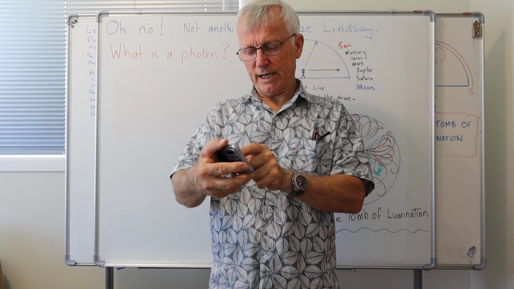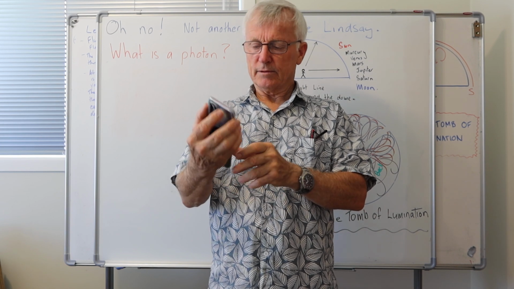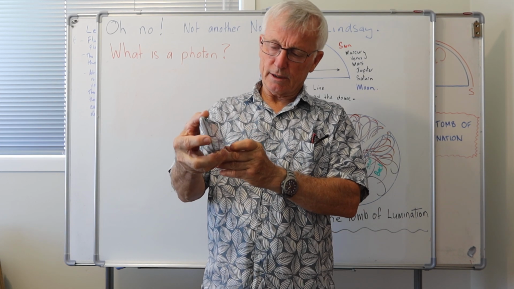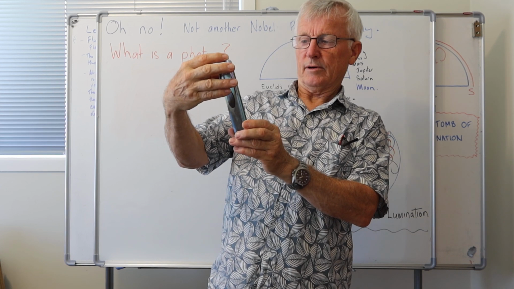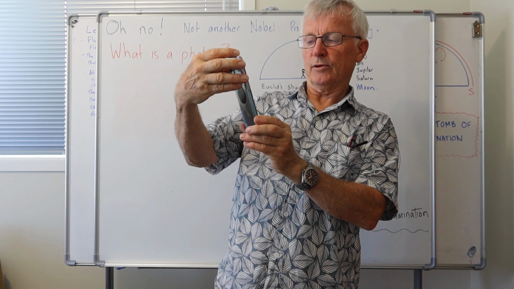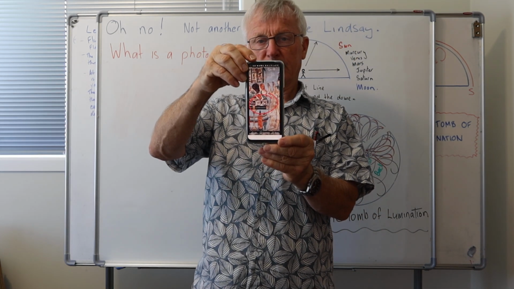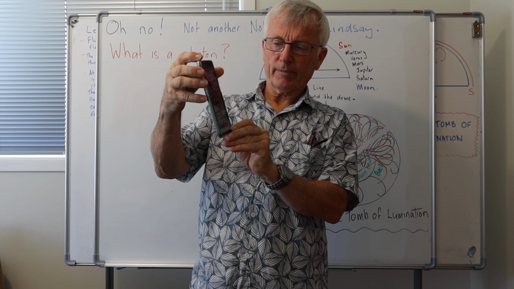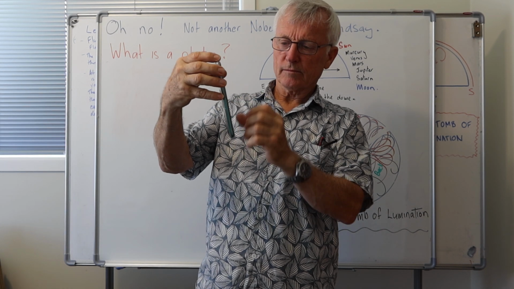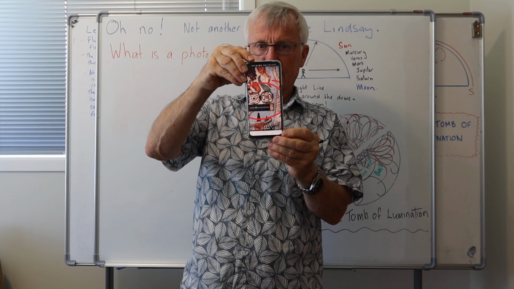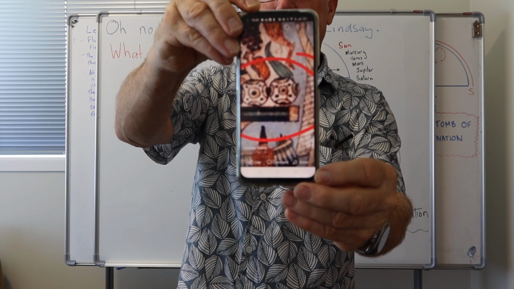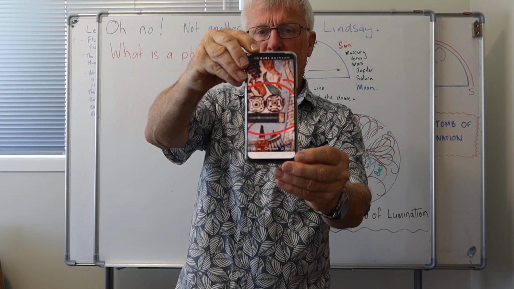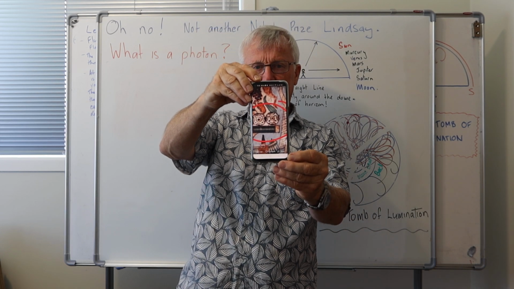Now, in this picture here, this is an ancient hieroglyph or painting on the walls in Egypt. I'm not sure if you can see that. But look, where have you seen those?